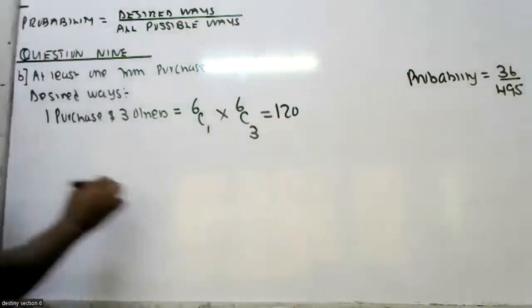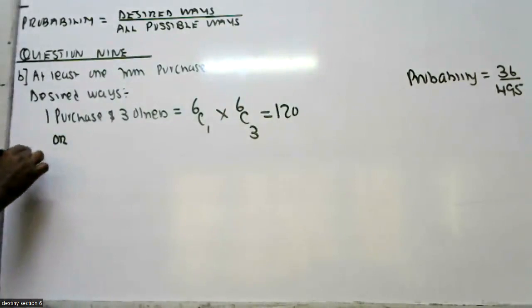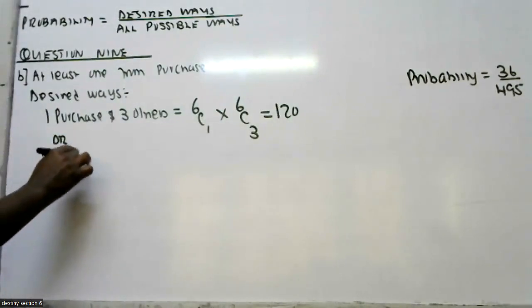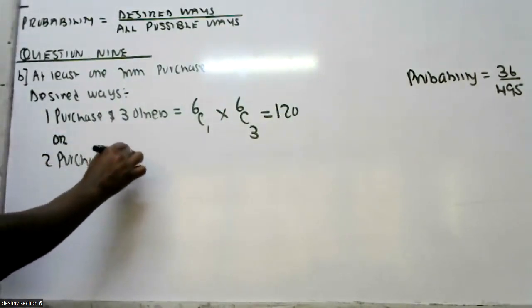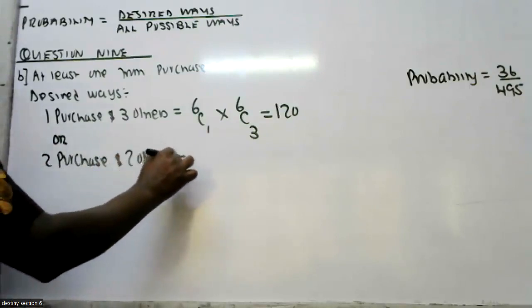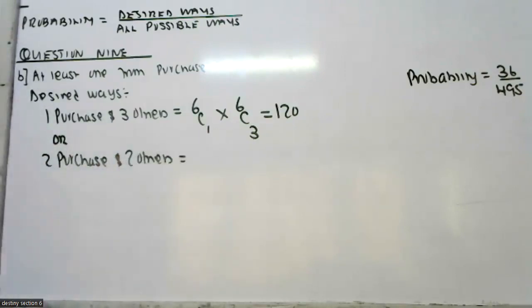That is 120. Or 2 purchase and 2 others.